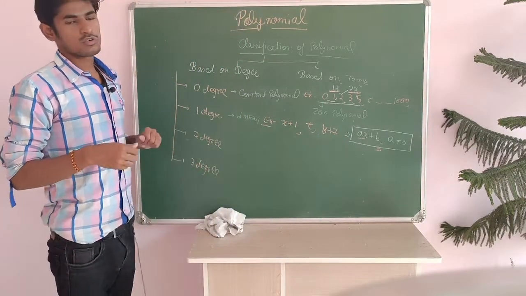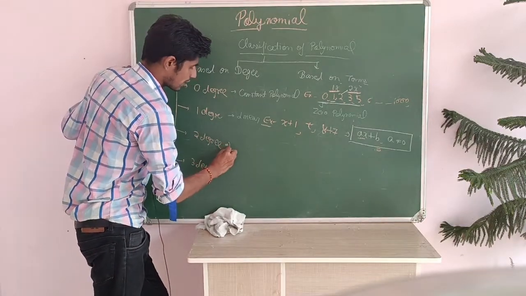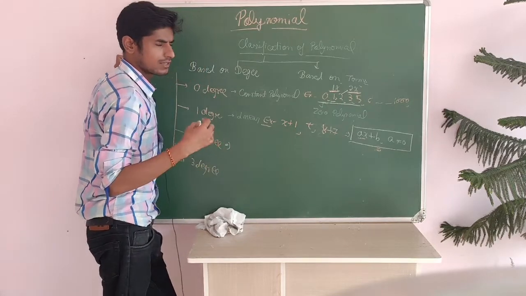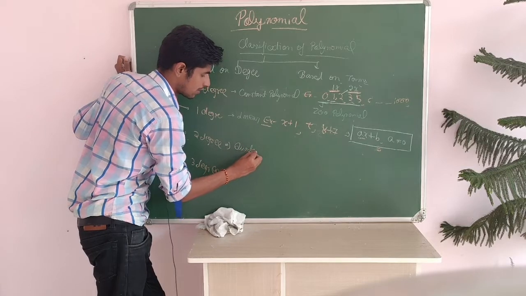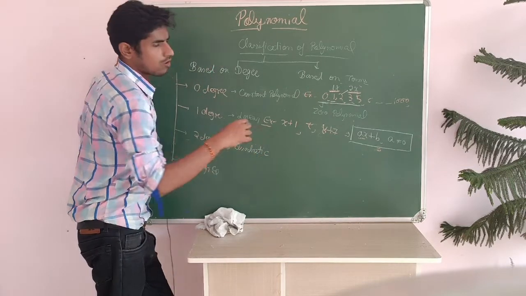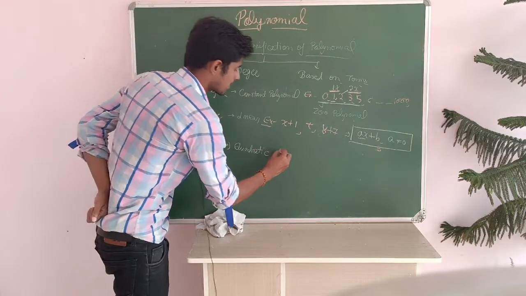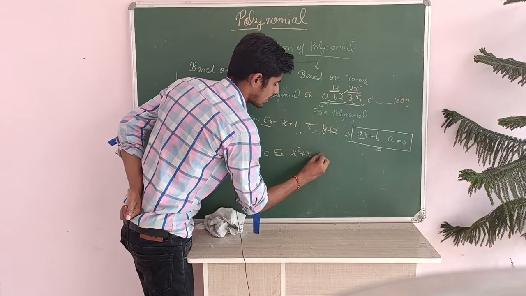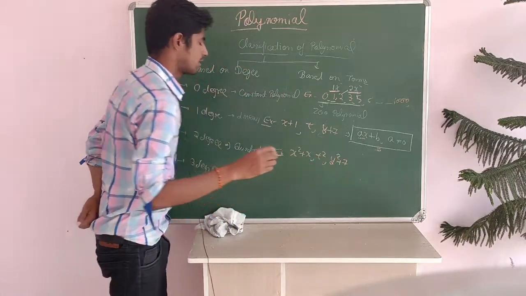Now come to degree 2. For degree 2 we give the name quadratic. Examples can be x square plus x, t square, y square plus 7.